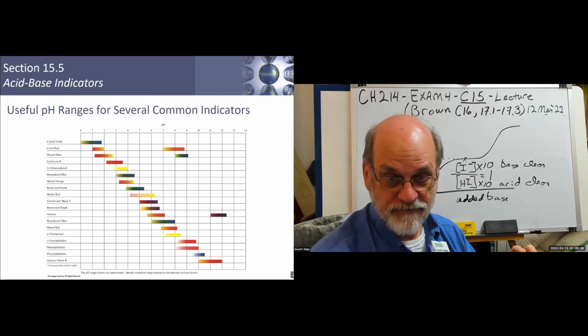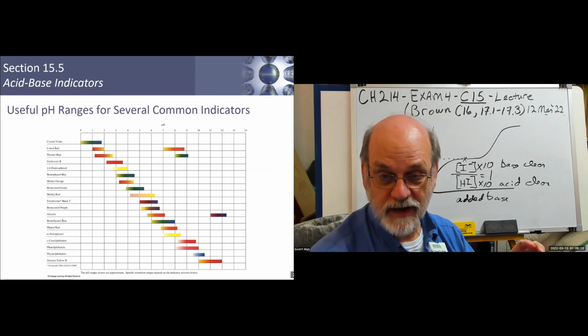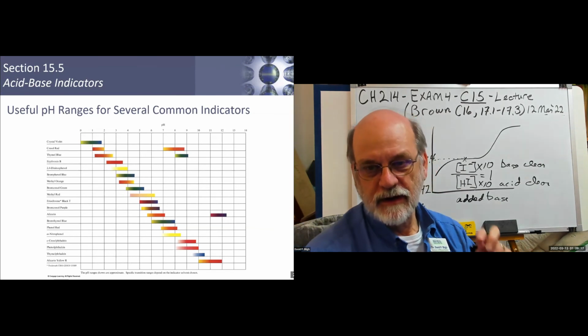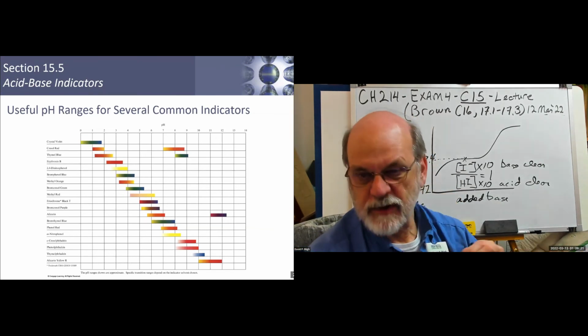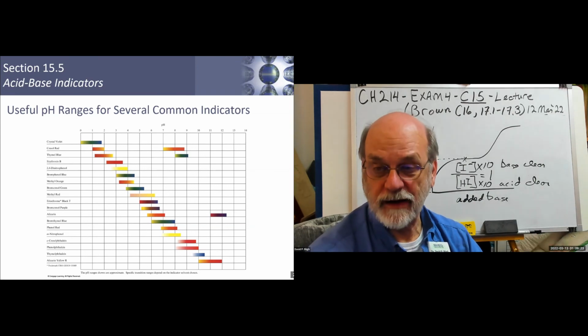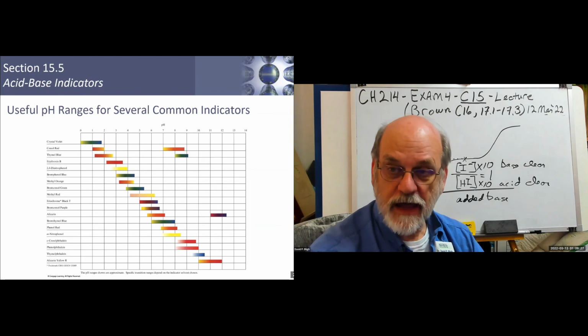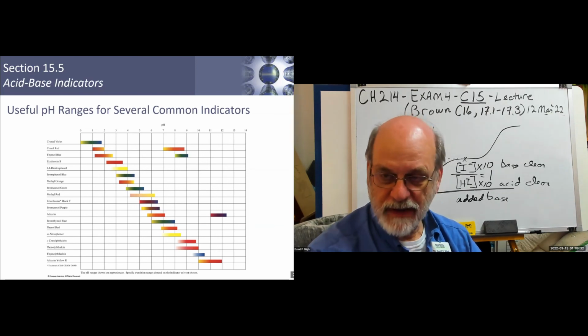Even a person that's really good and fast at titrating, watching the pH meter and doing the entire curve, would take maybe 20 to 30 minutes for each one. Whereas if you use an indicator, you can knock out one sample in under a minute. Go to the next sample, another minute.